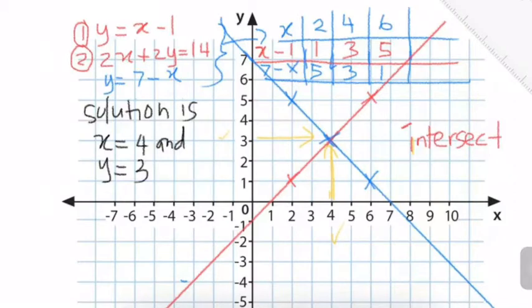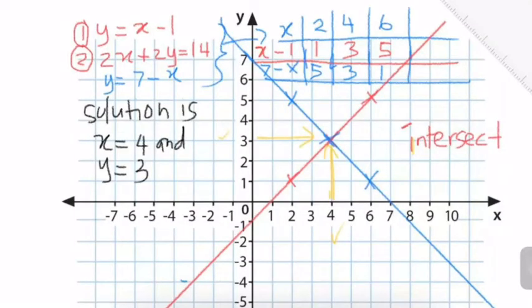So now you learn 2 equations simultaneously, solving them simultaneously using graph. Is there any other way other than graph? Yes. Lepas ni kita akan belajar macam mana cara nak kira without using graph. So cikgu rasa cukup kot 2 contoh. Okay, back to our graph, previous graph.